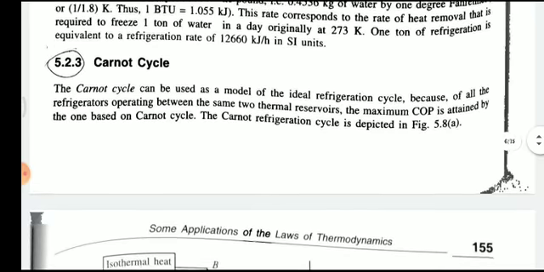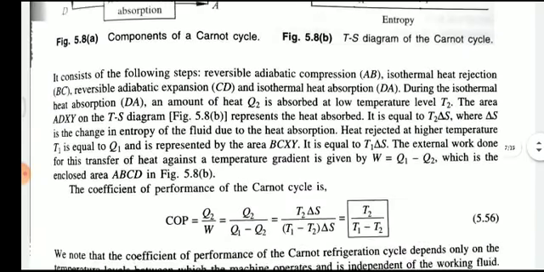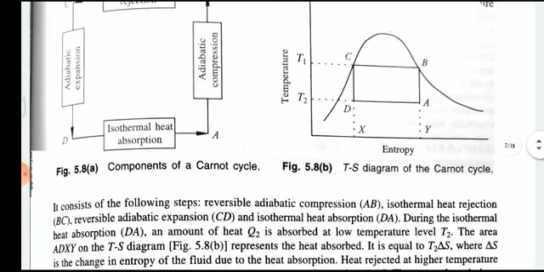So among refrigeration cycles, the one which plays an important role is the Carnot cycle. Okay, so let's have a basic overview of the Carnot cycle.